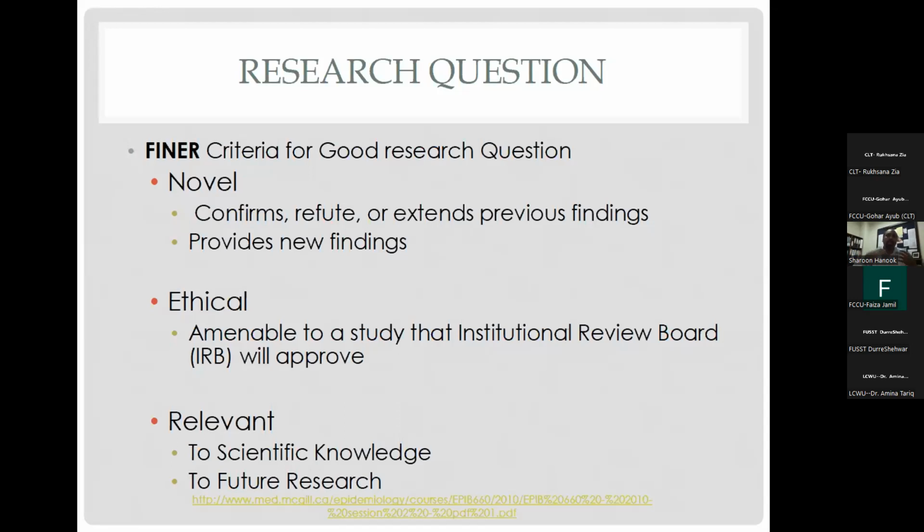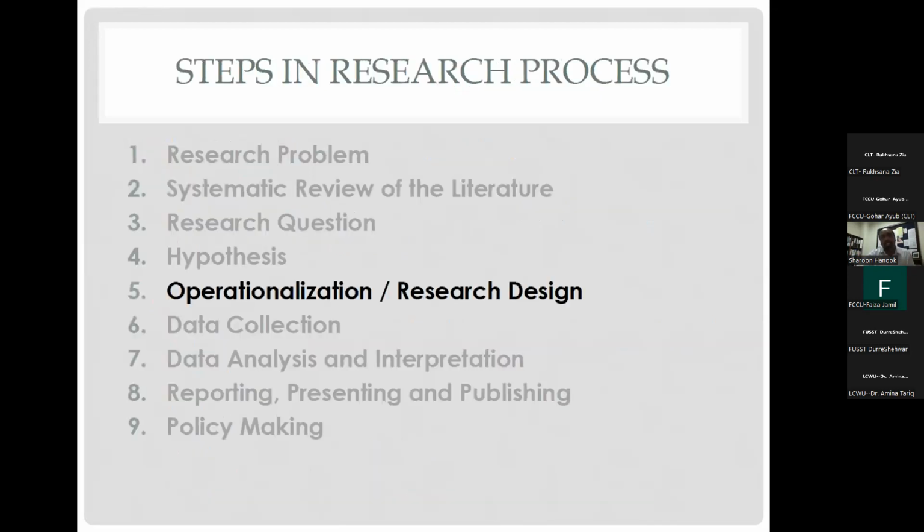So whenever you talk about your research question, please do talk about the final criteria. Once you have decided about the final criteria, though I have skipped this hypothesis section, I would really like to highlight the hypothesis, which a lot of people really misinterpret.